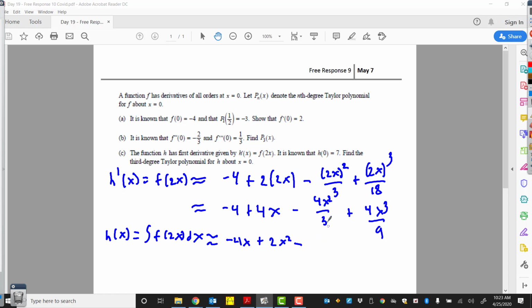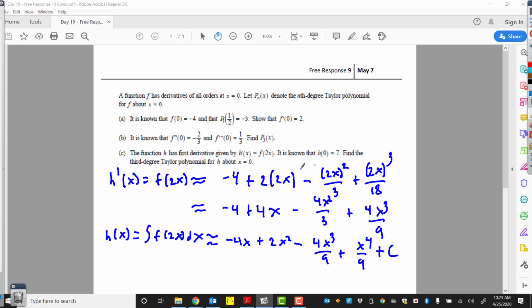Integral of 4x squared over 3, that's 4x cubed over 3 times 3, or 4x cubed over 9. Integral of 4x cubed over 9, that gives us 4x to the 4th over 4 times 9. The 4s will cancel, and so we get x to the 4th over 9. And then, because we integrated, plus c.